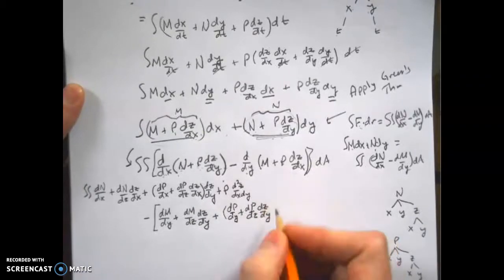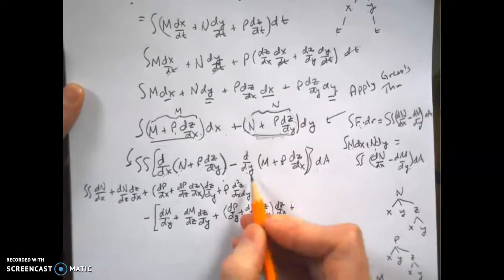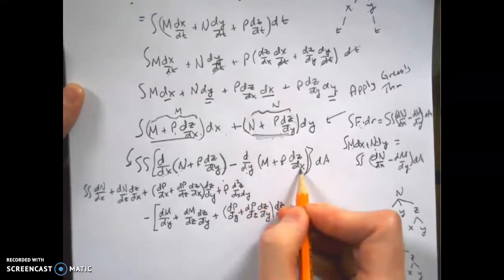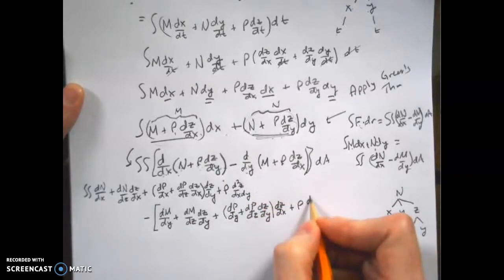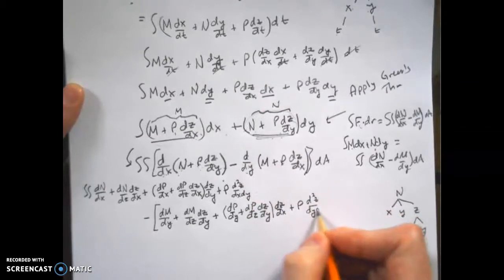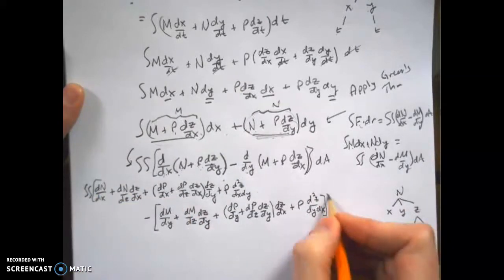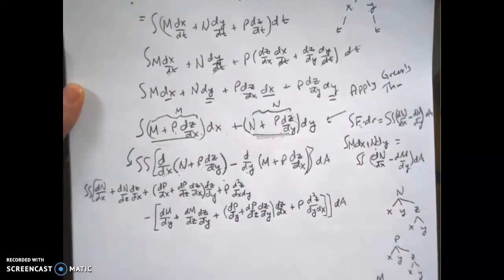Okay, so all of that times dz dx. And then I've got plus p times the y derivative of dz dx. So that's going to be d squared z dy dx. Okay, and all of this is going to be times dA.